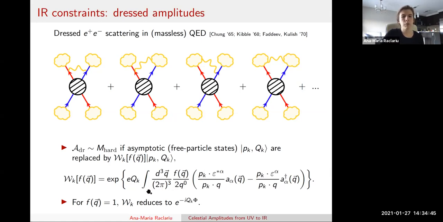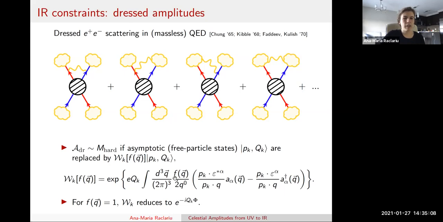But the problem with that approach is that there is an arbitrariness in choosing this function. Any choice, as long as it doesn't have a pole, as long as it's order 1 as q goes to 0, gives a state in which infrared divergences go away.